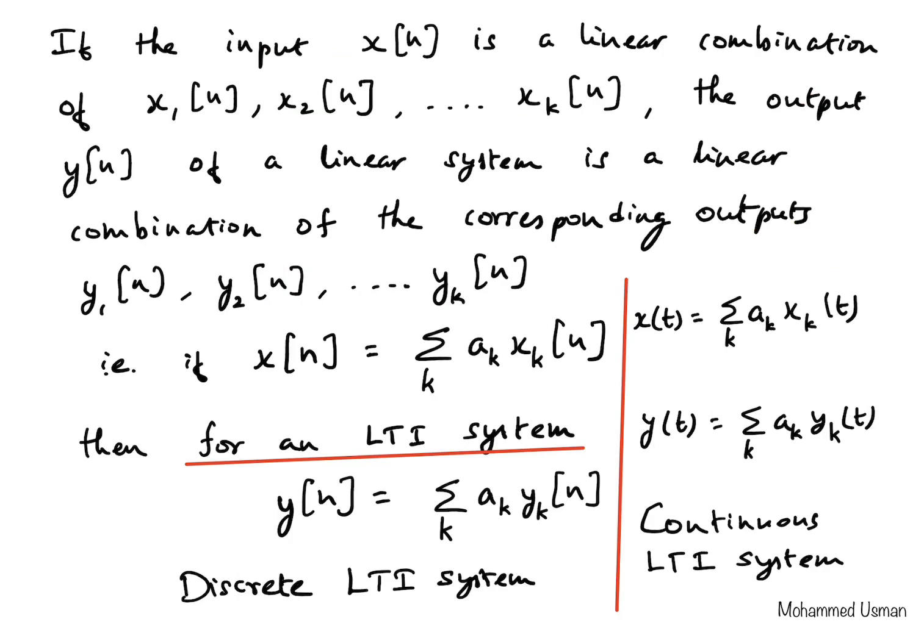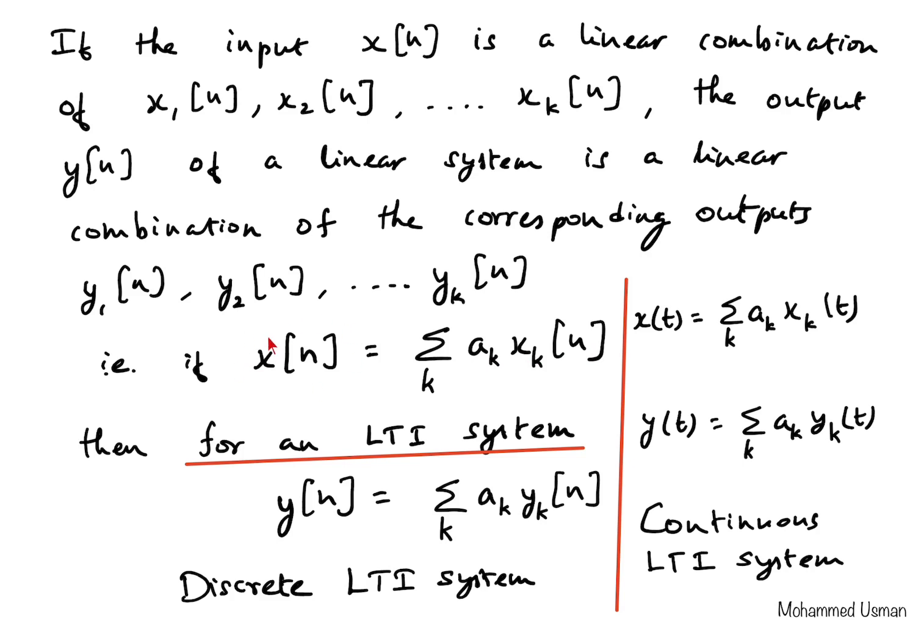Basically, if we have a system with a new input x of n, which is a linear combination of x1, x2, x3, which is nothing but scaled and added versions of each of these individual components, so a1 x1 of n plus a2 x2 of n plus a3 x3 of n, and so on, for all values of k, in general, summation ak xk of n.